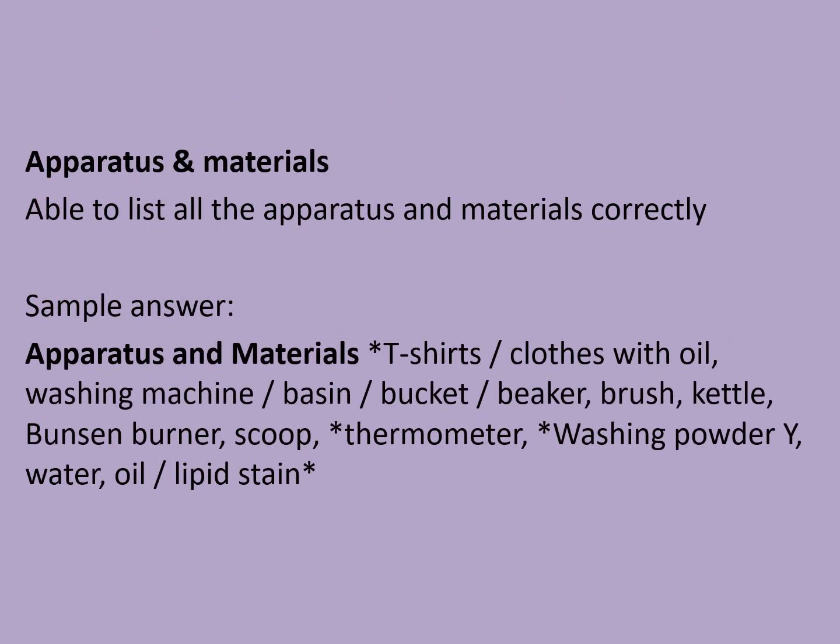Apparatus and material: able to list all the apparatus and material correctly. This is the sample answer: t-shirts, cloth with oils, washing powder, basin, bucket, beaker, brush, kettle, Bunsen burner, scoop, thermometer, washing powder Y, water, oil, lipid stains. Lipid stains, washing powder, thermometer, and t-shirt must be in the apparatus and material. This is compulsory, because it is in the question, so you must write it.